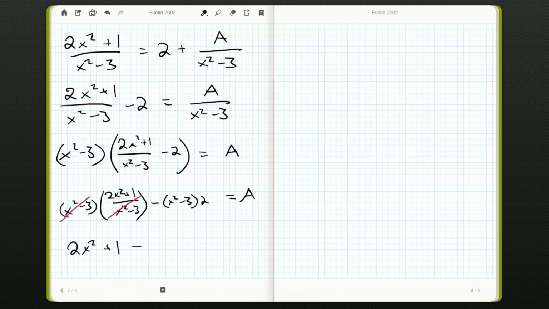And then minus x squared times 2 is 2x squared. Then minus negative 3 times 2, so that's minus negative 6, that's just plus 6, is equal to a. If we group our like terms together, we've got a 2x squared and a minus 2x squared. They're going to cancel out. And 1 plus 6, that's 7. So a is equal to 7.